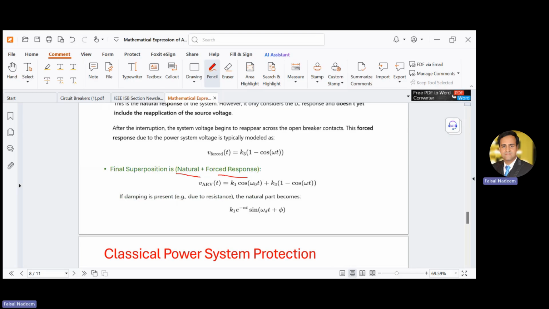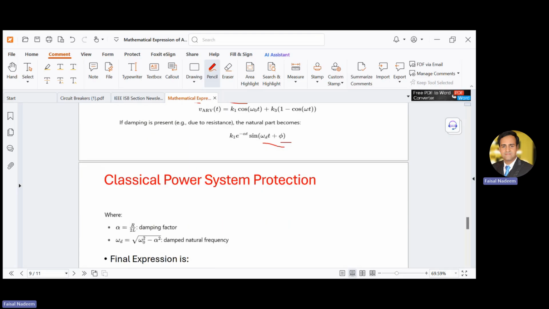If we consider the damping effect, the natural part changes because, due to the resistance, it will now have a phase shift. So it will become K1 e to the minus alpha t sine omega d t plus phi. Because of that damping, it is now converted to sine omega d t plus phi.